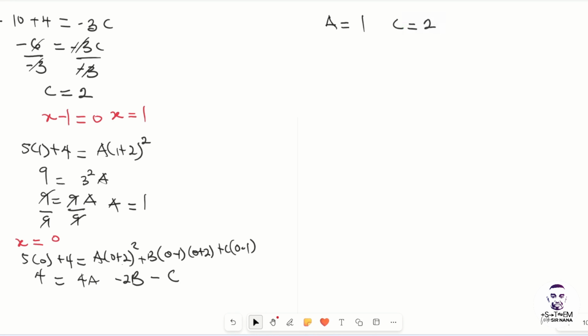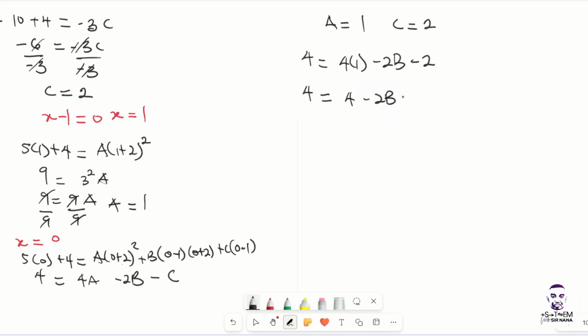So we'll substitute it here, and that implies that we have 4 to be equal to 4 multiplying 1 minus 2b, multiplying the b, which we don't have. We don't know b yet, so b is b. It's c that we know, so minus 2. So that implies that we are going to have 4 to be equal to 4 minus 2b minus 2.